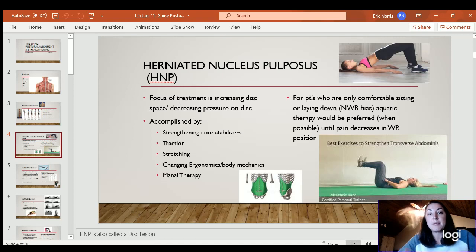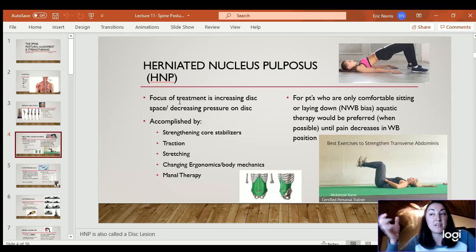And what can happen with repetitive movements that constantly push on one portion of the disc, so repetitive flexion is pretty much the most common, then it will push all the jelly towards part of the donut. If the jelly is just sitting in one area of the donut, we call that a bulging disc. It's kind of ballooned out and pushing some of the disc out, but it's still within the donut.